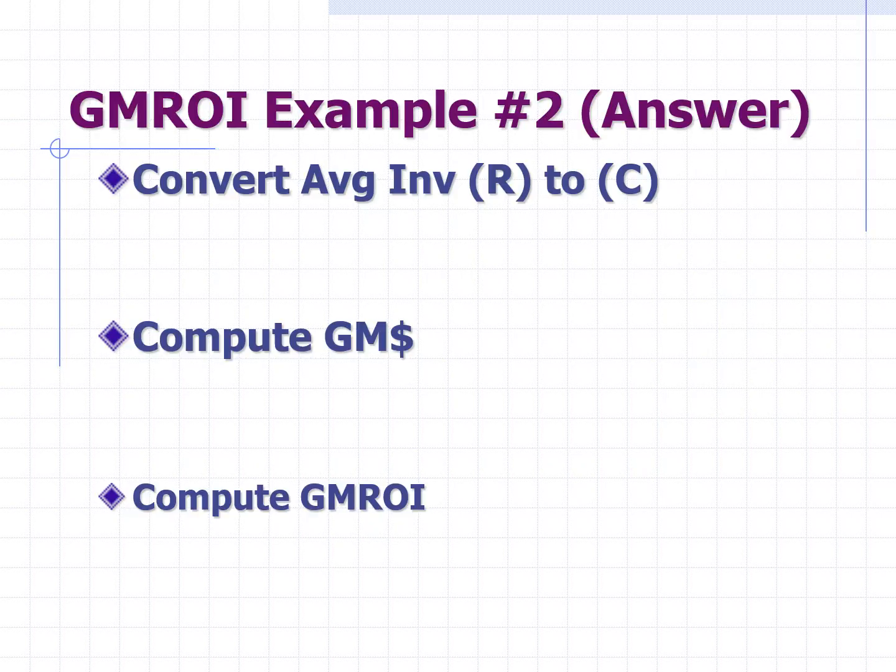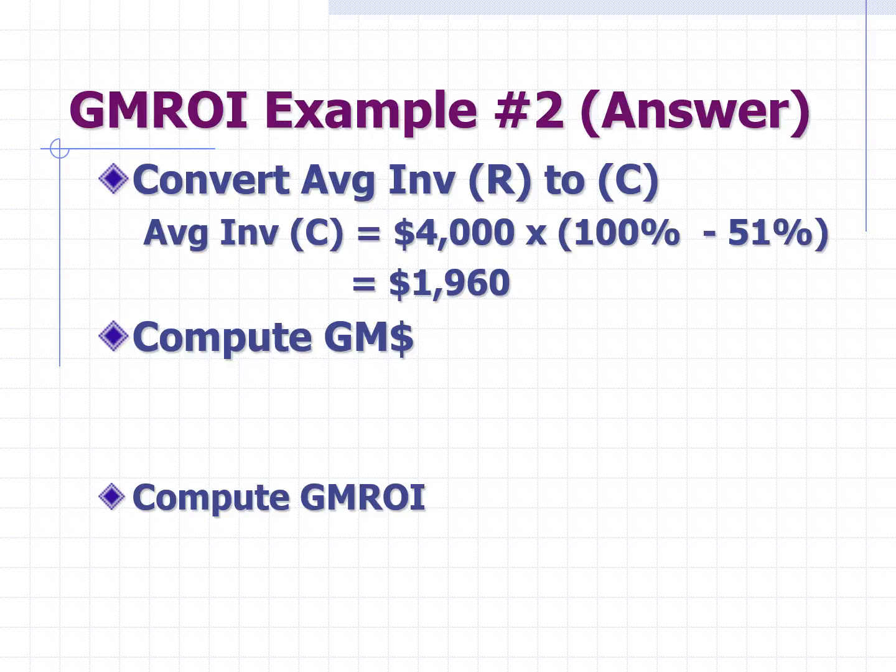So like I said earlier, we wanted to calculate average inventory at cost and gross margin dollar first to use them to calculate GMROI. First, we converted the average inventory at retail to a cost value by multiplying average inventory at retail by 100% minus the cumulative markup percent of 51%, right?